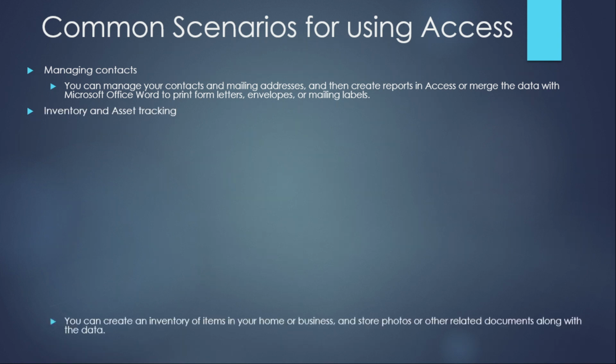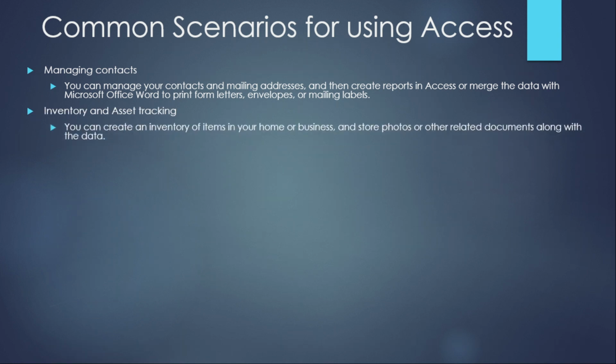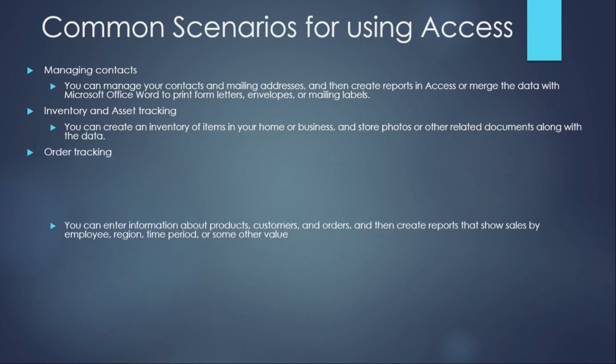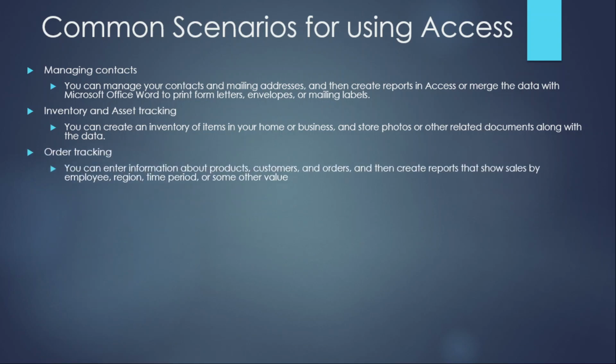Inventory and asset tracking: you can create an inventory of items in your home or business and store photos or other related documents along with your data. Order tracking: you can enter information about products, customers, and orders and then create reports that show sales by employee, region, time period, or some other value.